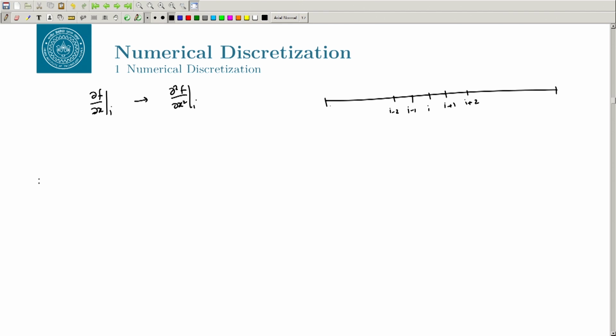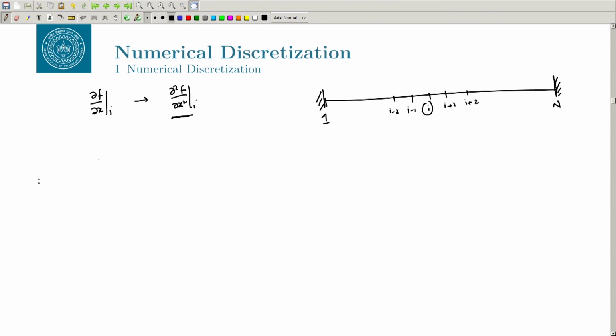This is 1 to n, and there will be boundary conditions at 1 and n, and in the interior points you have to approximate the derivatives. So, at i you want to calculate the second order derivative. Let us take the points i minus 1, i plus 1 and i.